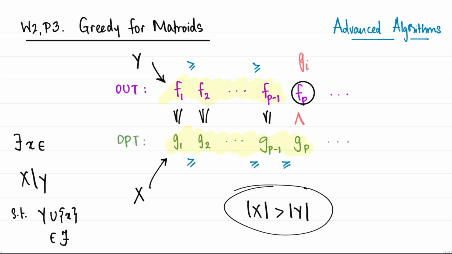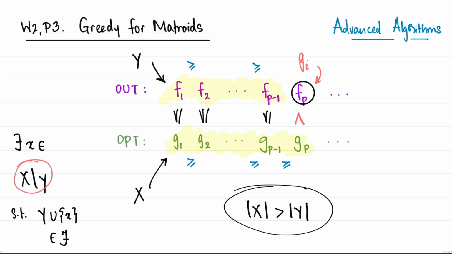Whatever that element is, let's say it's some GI, that GI must have been heavier than FP, which means that greedy had encountered GI before it came to FP, because greedy is processing elements in non-increasing order of weight. So GI must have shown up earlier, and because GI is in X minus Y, it means that greedy chose not to pick up GI. But why would it not pick up GI?